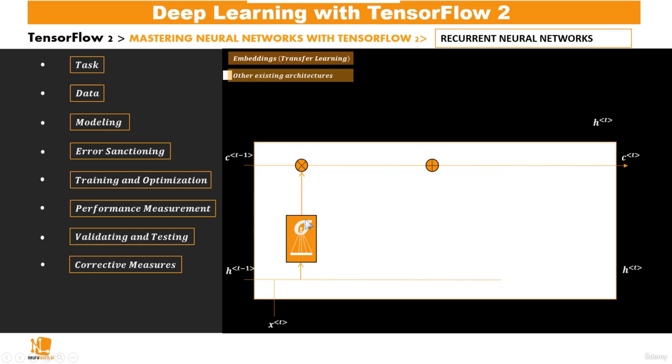And the sigmoid function, as we know, outputs values between 0 and 1. So if we have an output right here which is 1, it simply tells us that information coming from this previous hidden unit and the input unit shouldn't be forgotten. Now if this outputs a 0, it means all this information should be forgotten.